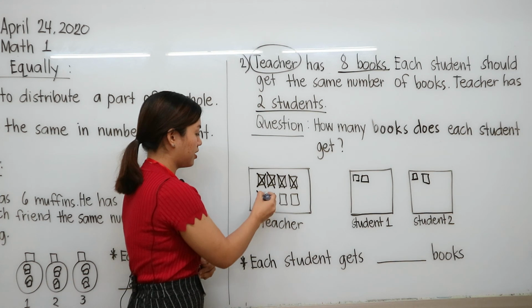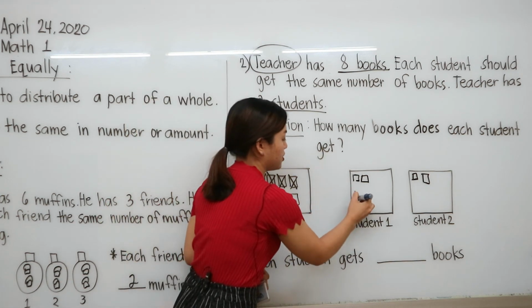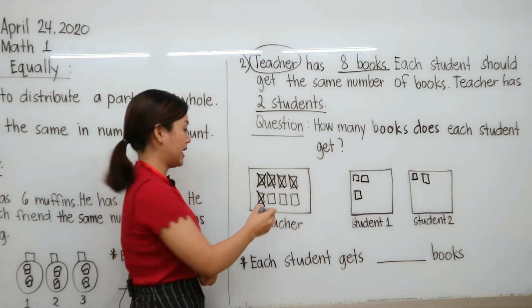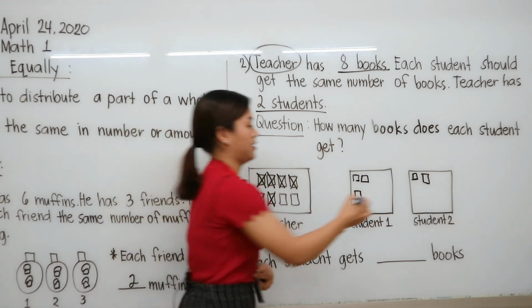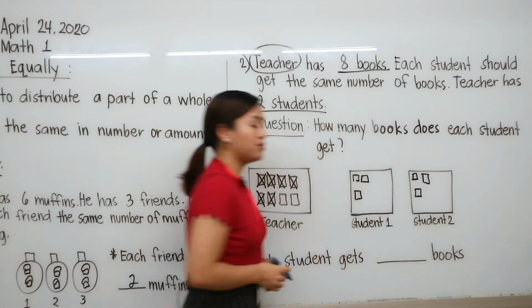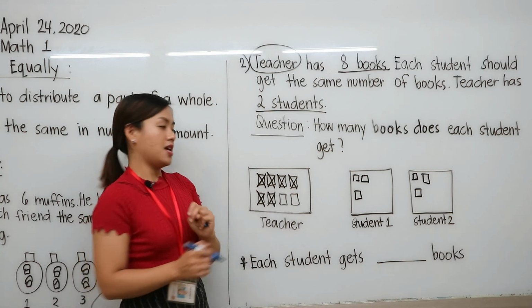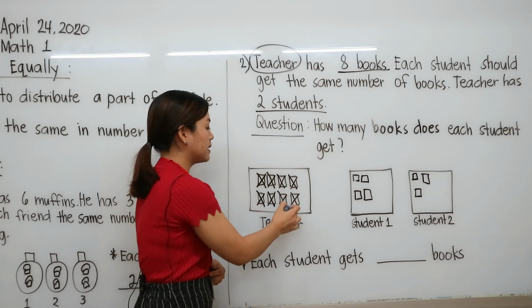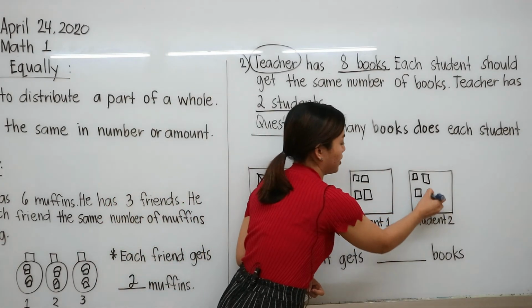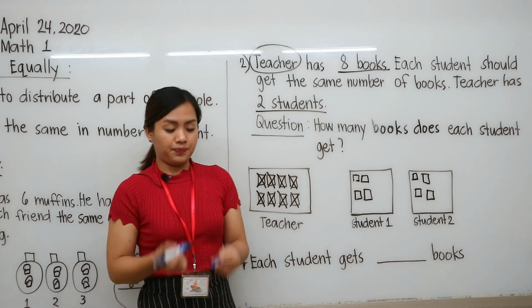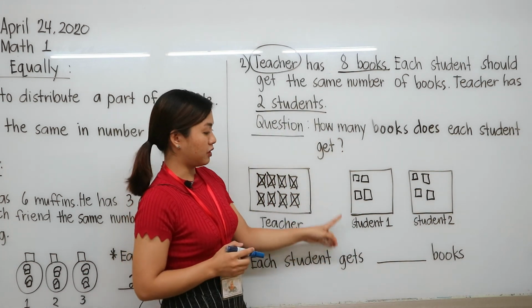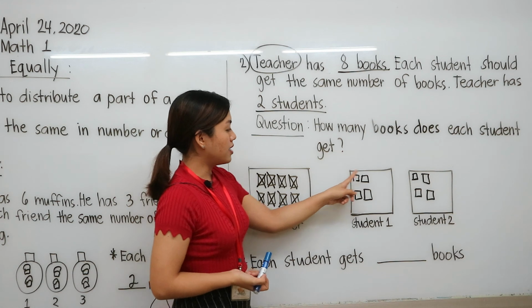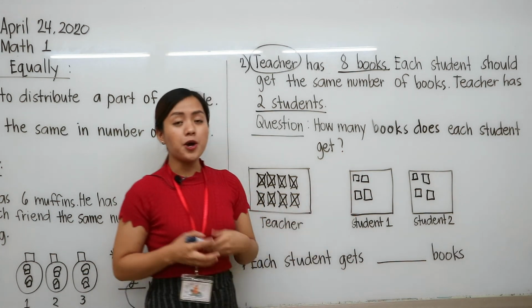So we have here another one, distribute it to student number 1, and another book for student number 2. There's still 2 books. So distribute it again, for student number 1, and the last book is for student number 2. So in here we have for student number 1, 1, 2, 3, 4 books.